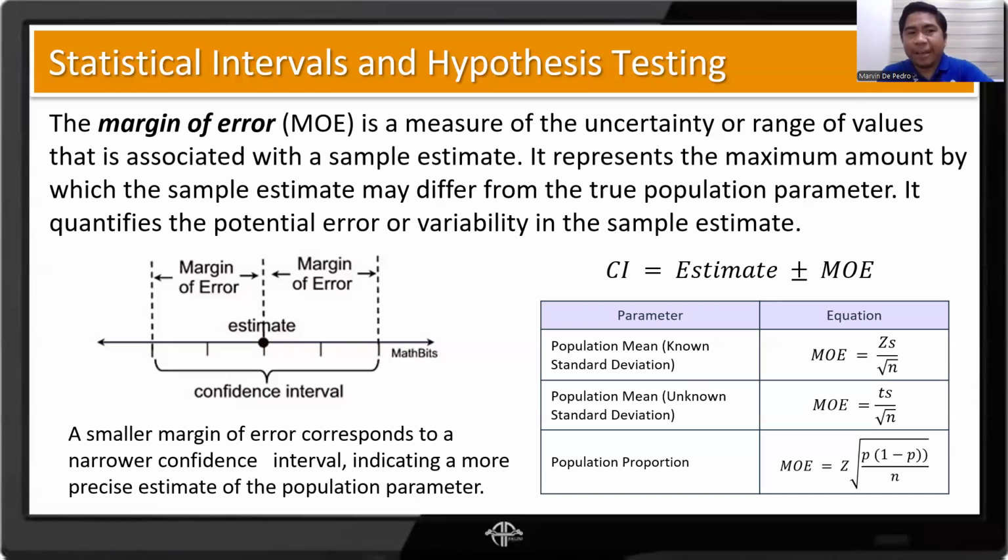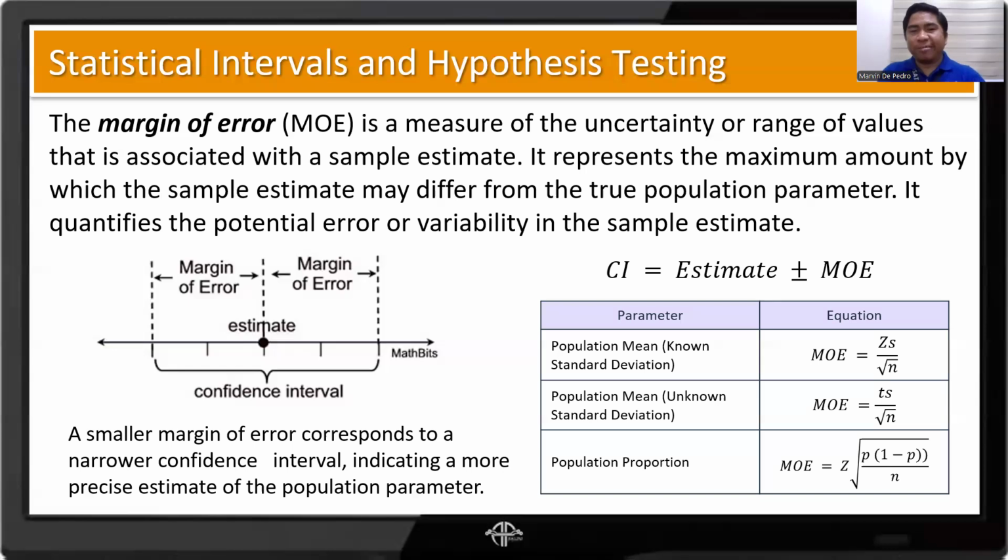Now that means our CI is based on the MOE. A smaller MOE corresponds to a narrower confidence interval, indicating a more precise estimate of the population parameter. Meaning we have fewer options, a lower chance that we miss the target, which means we have a higher confidence.